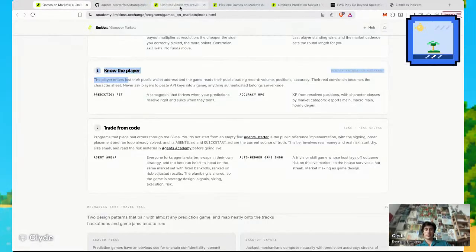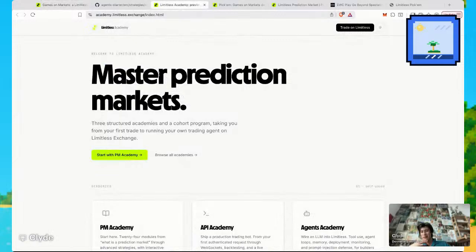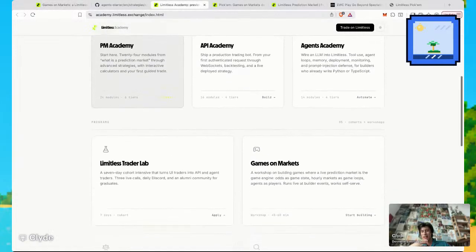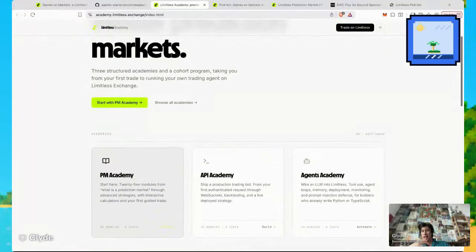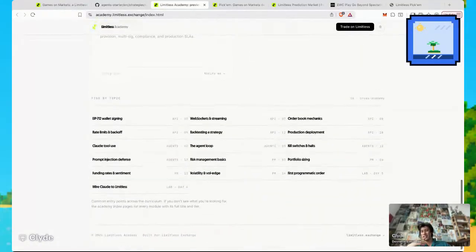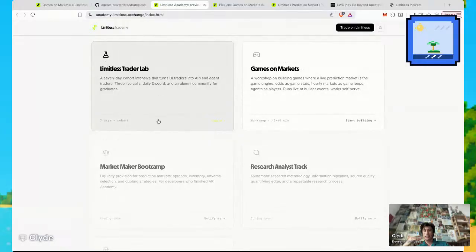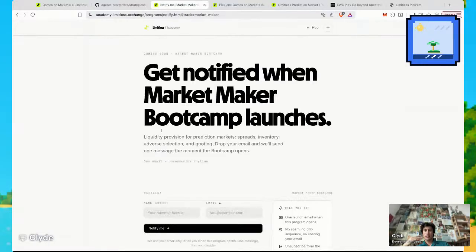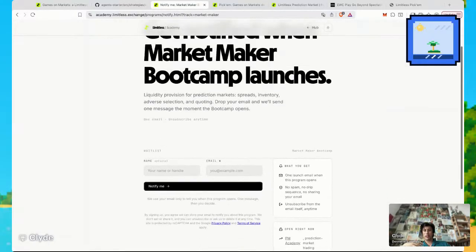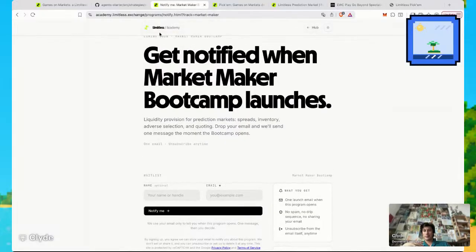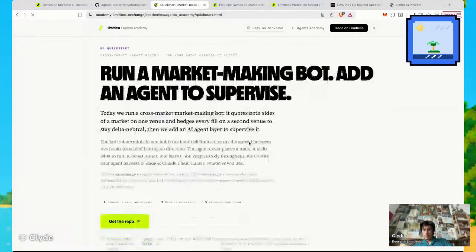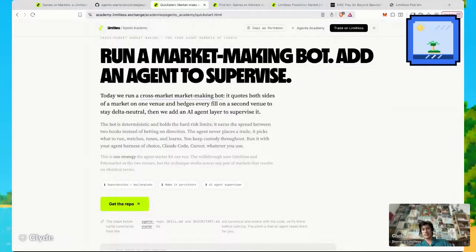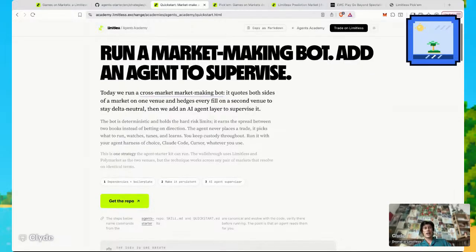This is a little bit off the gaming trail here, but it's something you can easily use to get a yield bearing strategy going, where you're going to market make across Polymarket and Limitless to generate yield on both sides of a market.